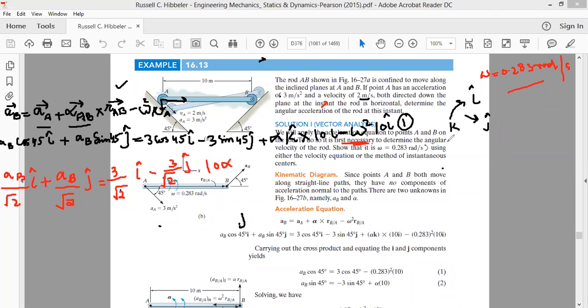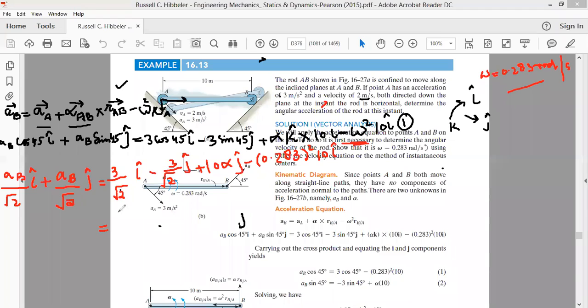And we have K cross I, and K cross I is equal to J. So it's plus 10 alpha J cap. Then we have minus omega square, and our omega is 0.283, so this is 0.283 square into 10 I cap. Now we will assemble all the I components together.